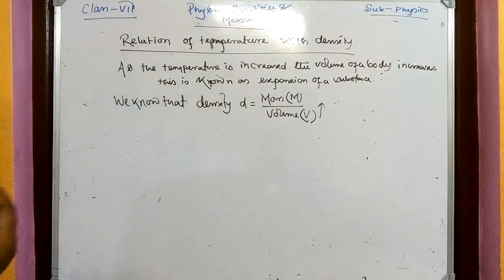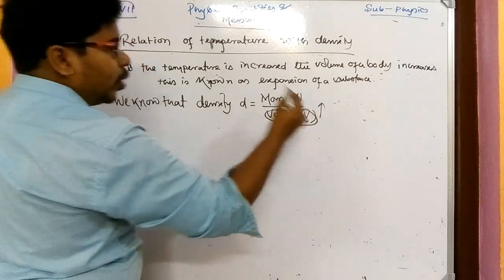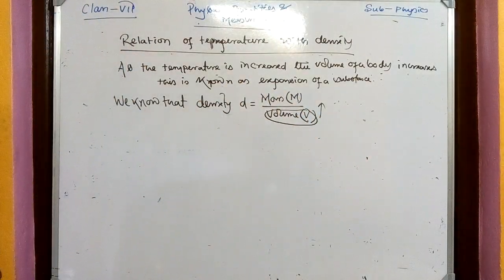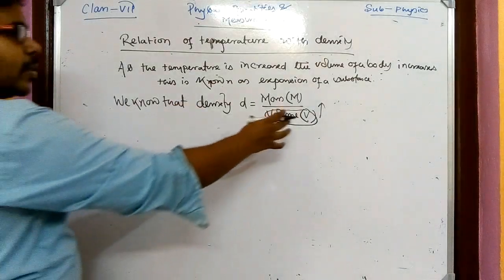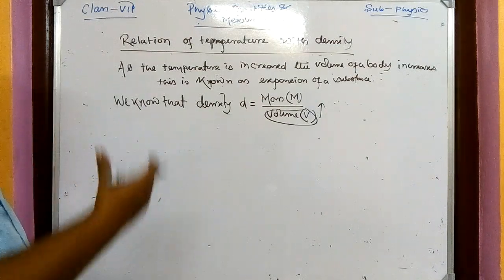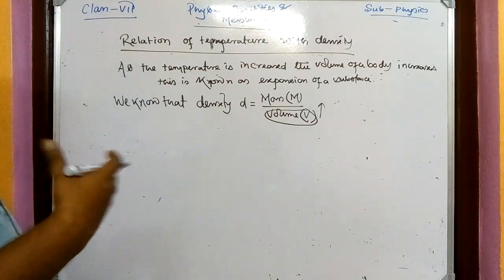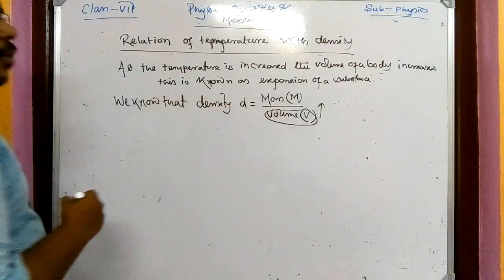Volume is in the denominator, so if volume is increased, then the density will be decreased. Simple thing. As you increase temperature, volume is increased, so the density will be decreased.